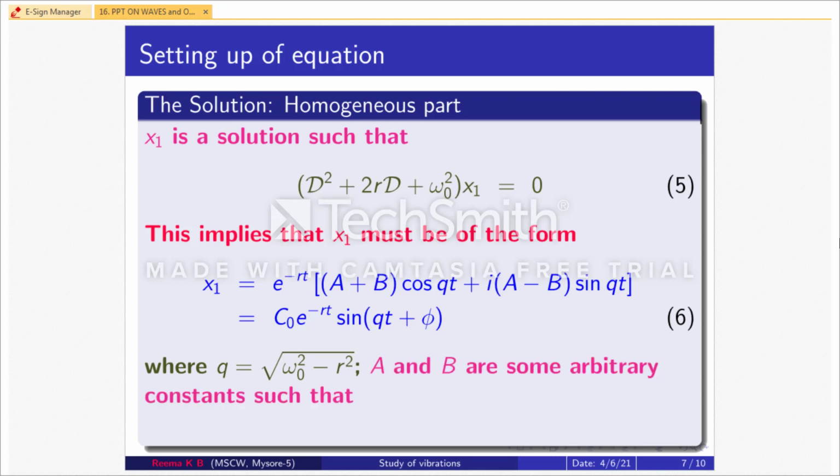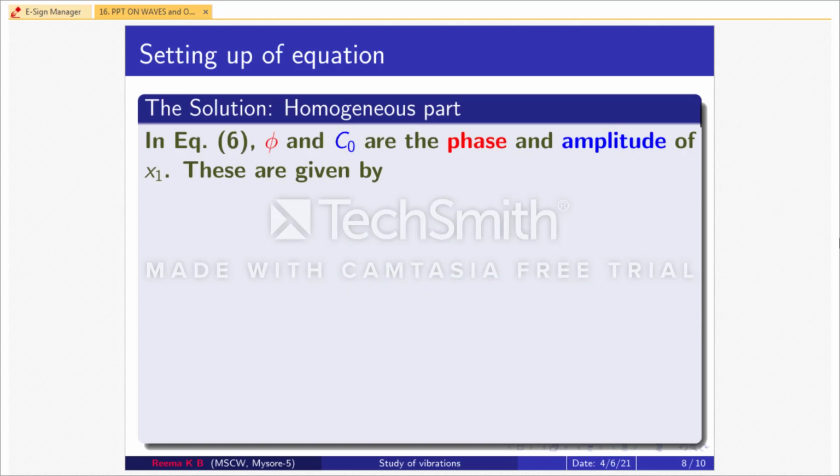A and B are some arbitrary constants such that A + B = c0 sin φ and i(A − B) = c0 cos φ. Let's consider this as equation 7. In equation 6, φ and c0 are the phase and amplitude of x1.